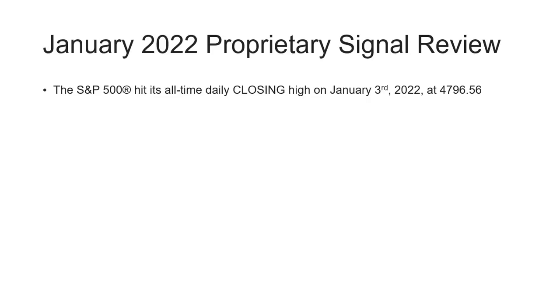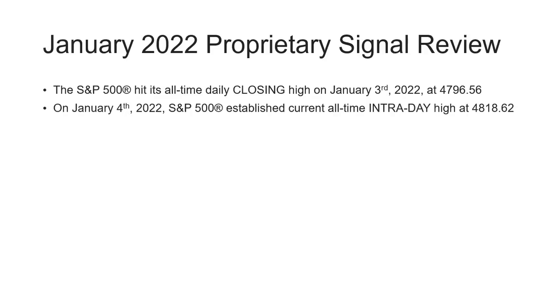So the S&P 500 hit its all-time daily closing high on January 3rd of 2022 at 4796.56. So right now, that is the all-time daily closing high on the S&P 500.